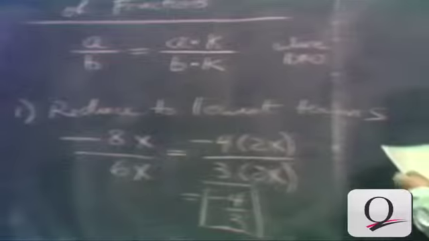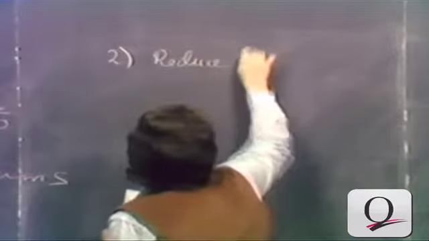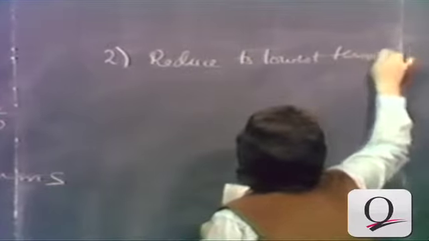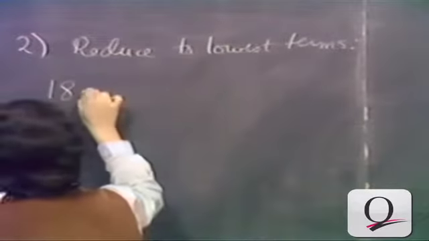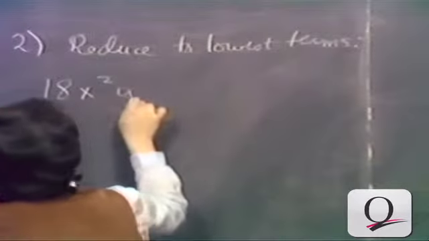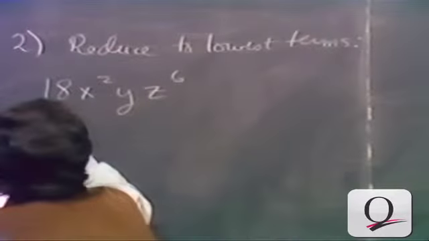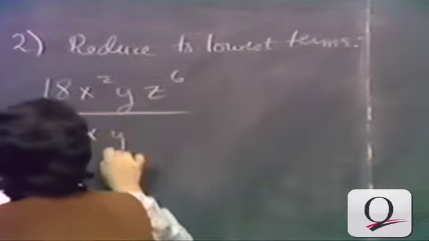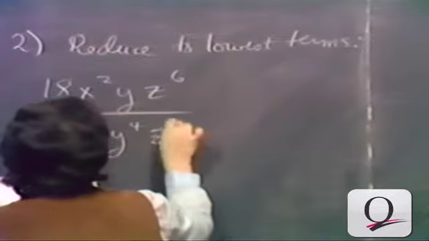In our second example, also we'd like to reduce to lowest terms the following: 18 x squared y z to the 6th over 12 x y to the 4th z cubed.